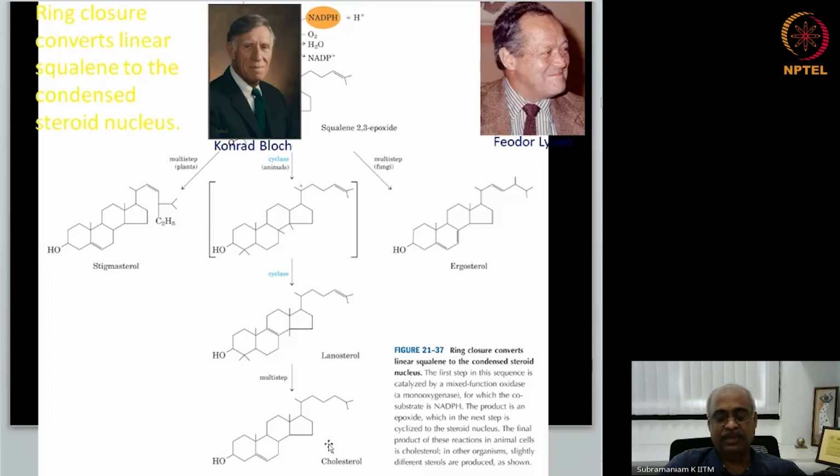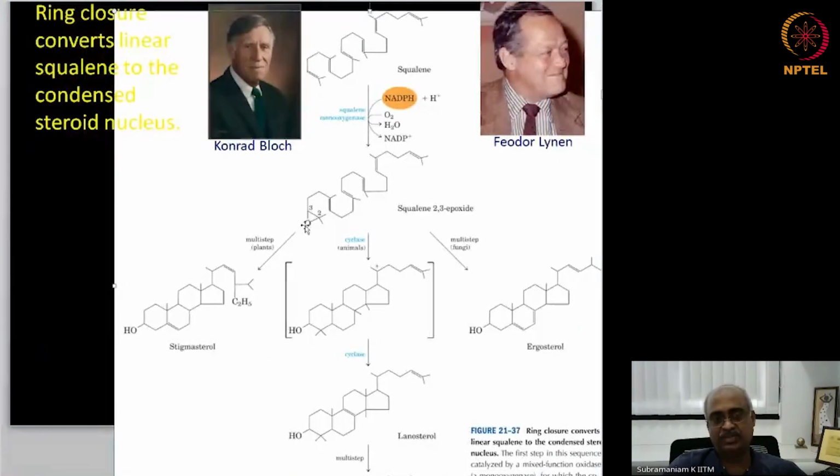And the IPP, DPP condensation generates squalene. In squalene cyclization, the main step is the epoxide formation, and the reduction of that automatically leads to the cyclical structure. So these 4 essential points you should remember with respect to cholesterol biosynthesis.